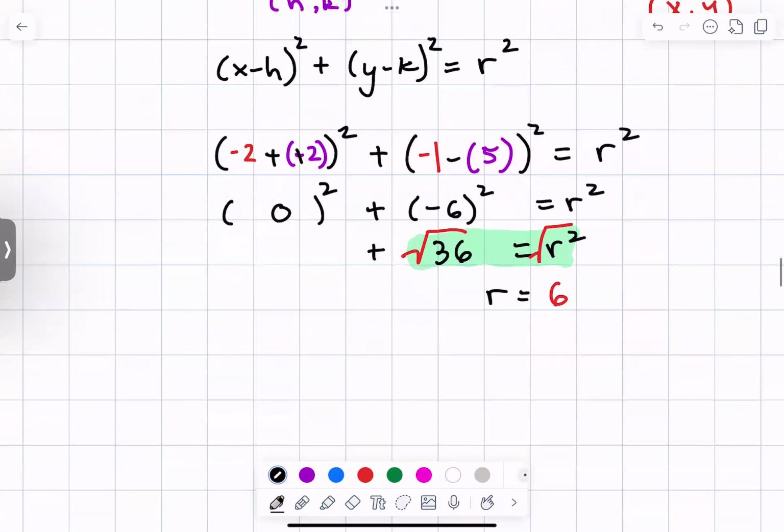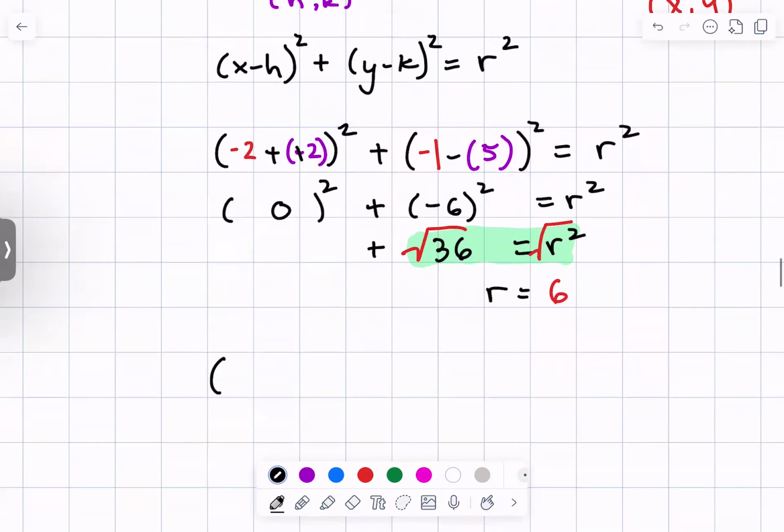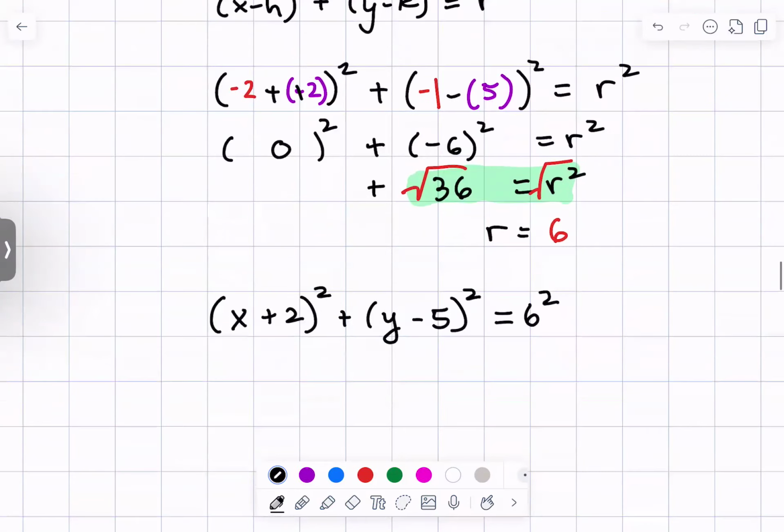And then I'm going to plug this back into my equation, which would be (x plus 2) quantity squared plus (y minus 5) quantity squared equals 6 squared. I'll just leave it like that. And then simplify this again: (x plus 2) quantity squared plus (y minus 5) quantity squared equals 36.